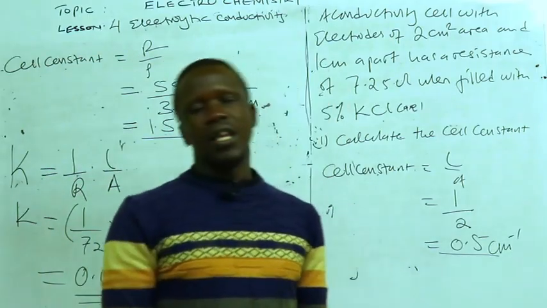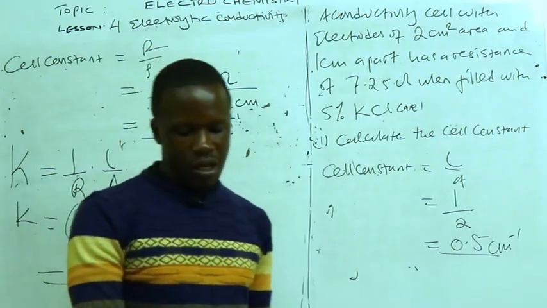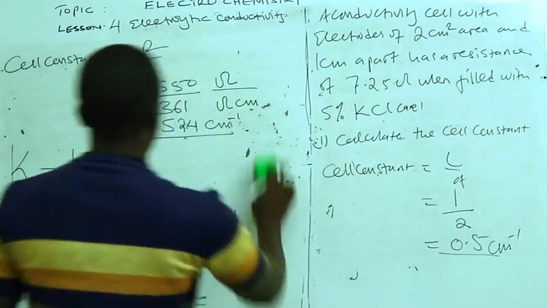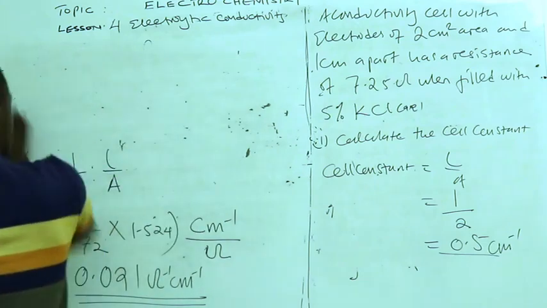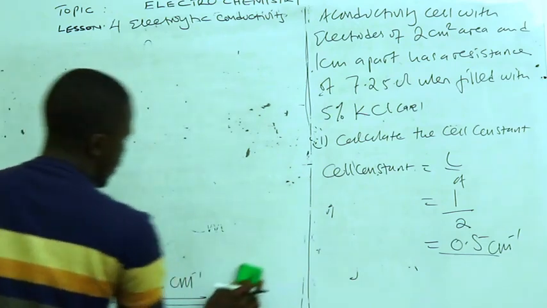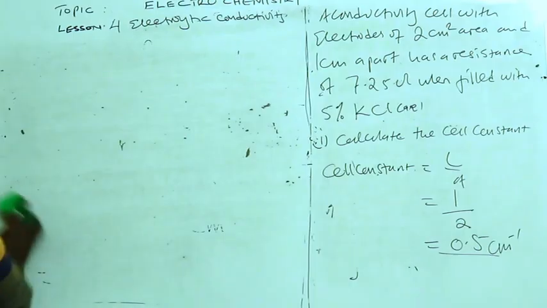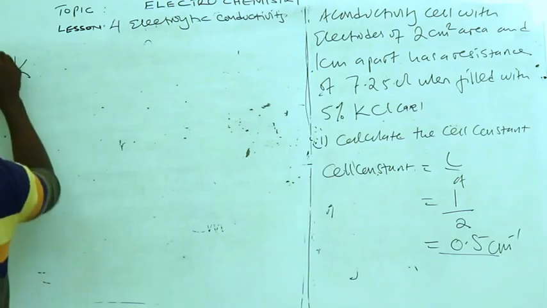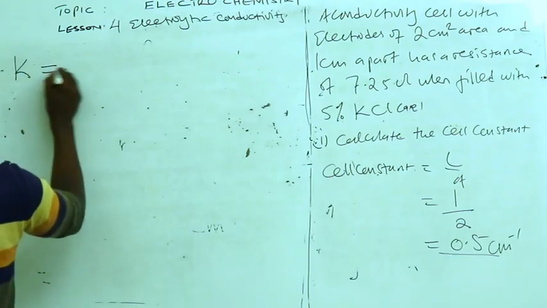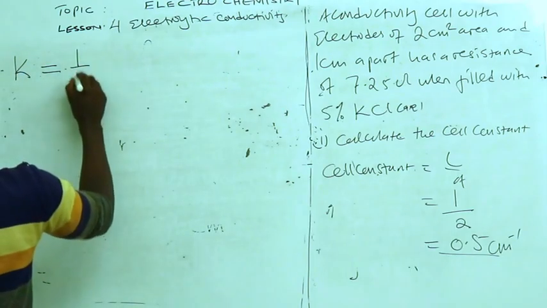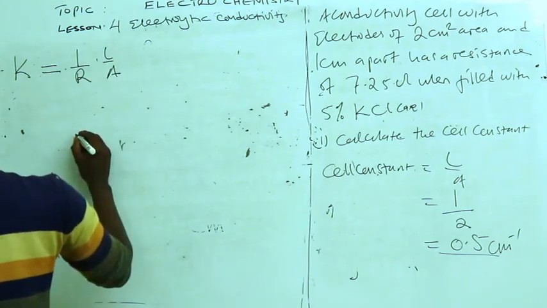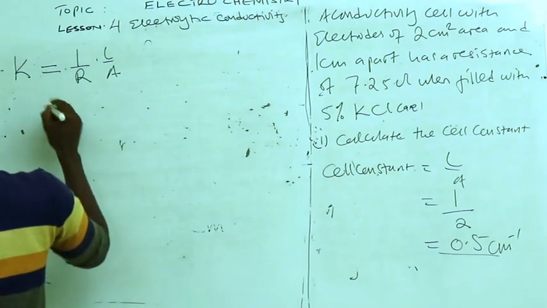Now, Roman 2, can you calculate the conductivity of potassium chloride solution? Yes, now that we know the resistance and we know the cell constant, it is very possible. Conductivity K should equal the conductance times the cell constant L over A. This is known, and the resistance is also known.